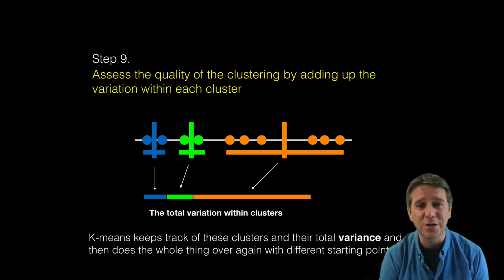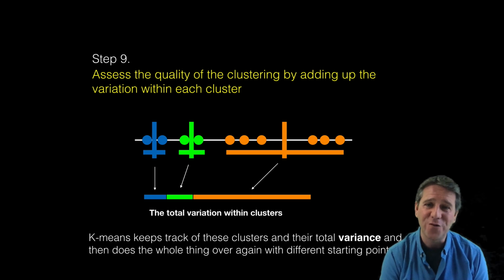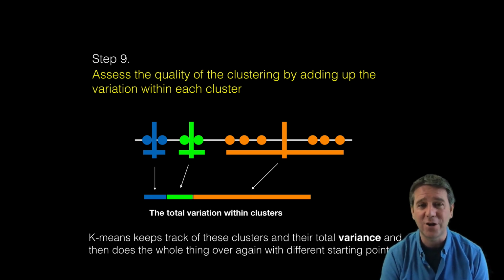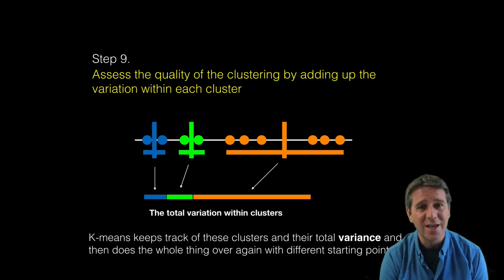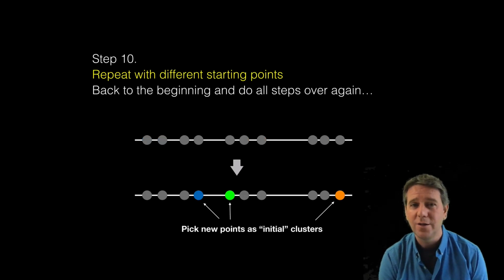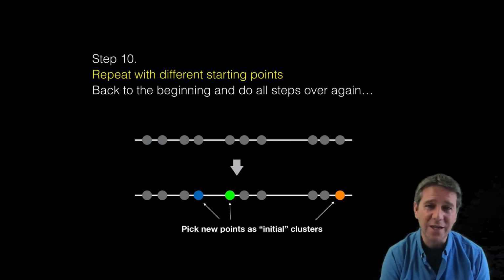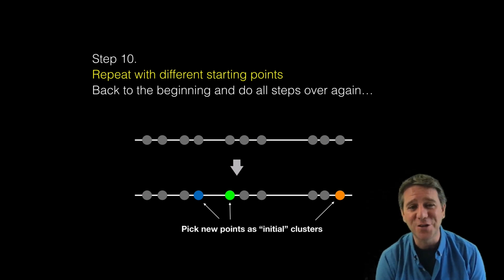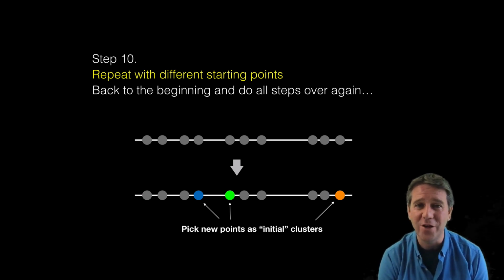It takes this, sums it up, and keeps track of this value, and then tries again with a different initial starting point. Picks another 3 random points that are different than the last one and does the whole procedure again. So basically we go back to the beginning and do all those steps over again by picking new points as the initial cluster representatives that I'm showing here on the bottom.